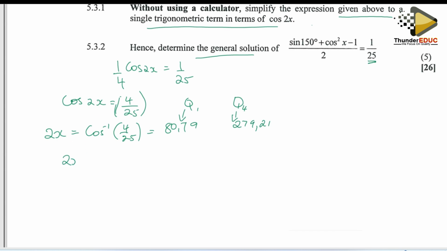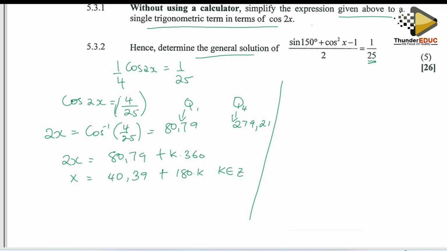So I'm going to have 2x is equal to 80.79 plus k times 360, because that's the period of the graph, divide by 2. This is going to be x equals 40.39 plus 180 times k, k is an element of the integers. That's the first quadrant.